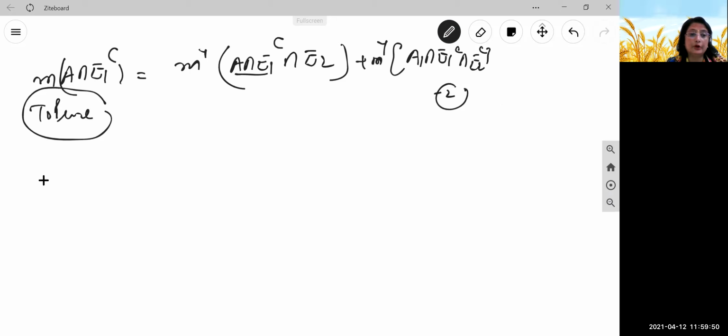अब व्हाट टू प्रूव? प्रूव ये करना है कि E1 यूनियन E2 मेजरेबल है, राइट?